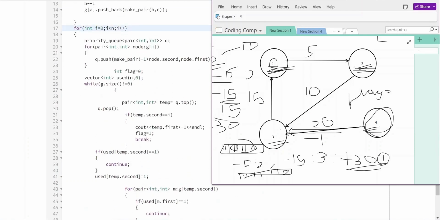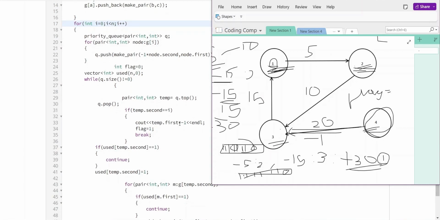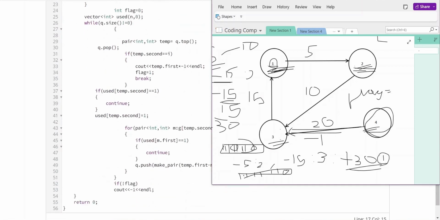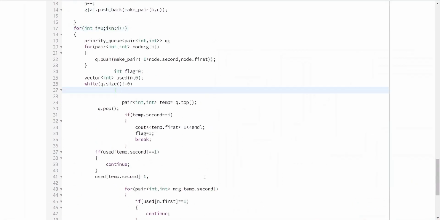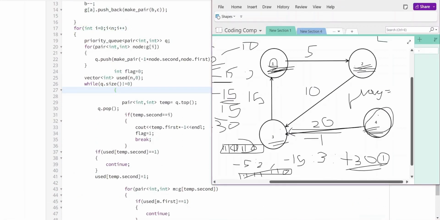We are stopping the loop when the priority queue runs out of inputs. So if we stop putting nodes which we have already encountered again and again, even if we detect a loop or we are not able to reach back to 4, eventually the queue is going to become empty, and we'll just exit the loop in case we don't find any value which returns back to 4 itself.